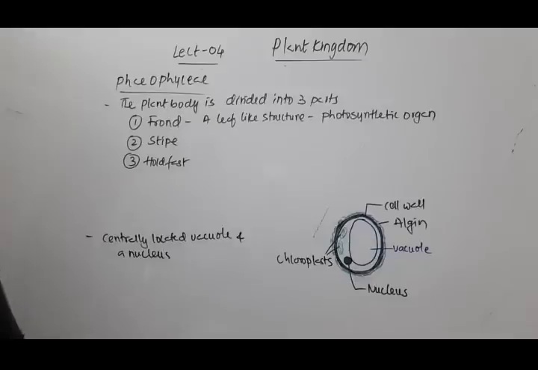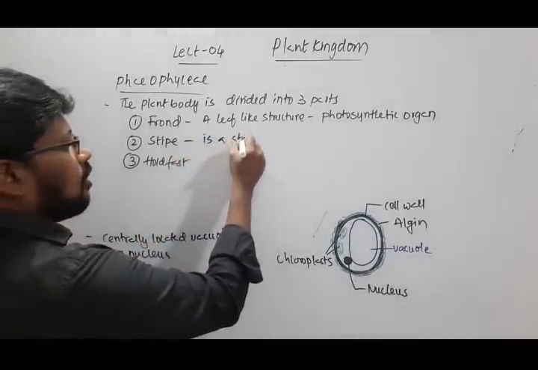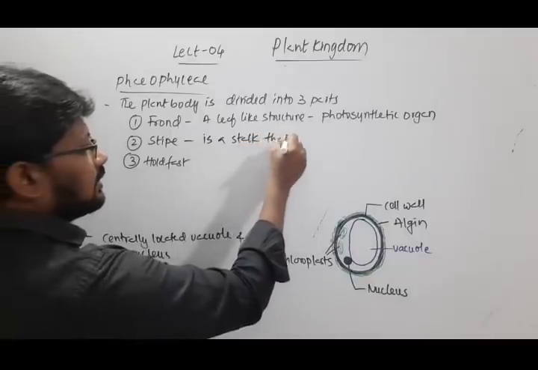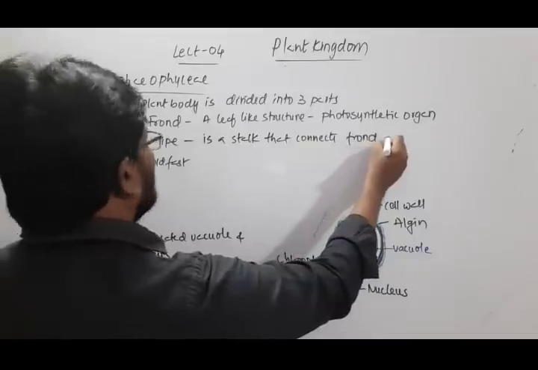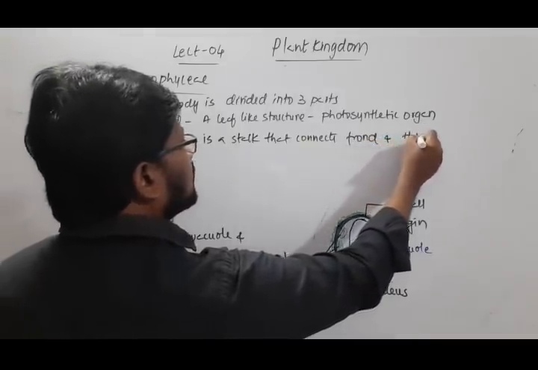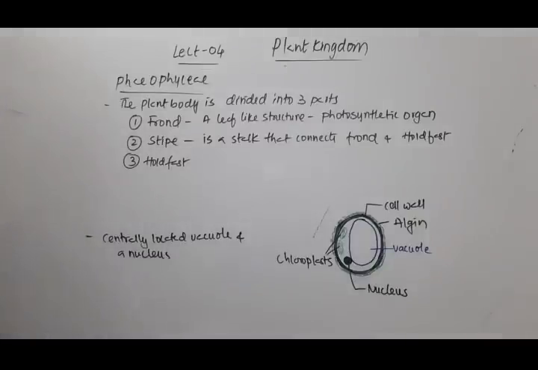Then the stipe. This stipe is a stalk that connects the frond and the holdfast.